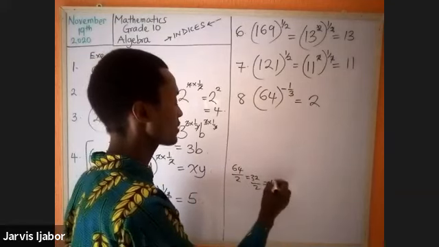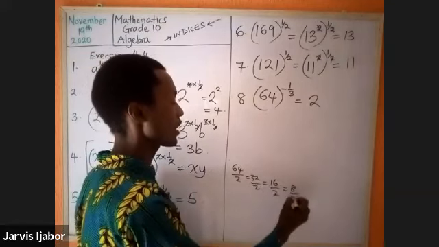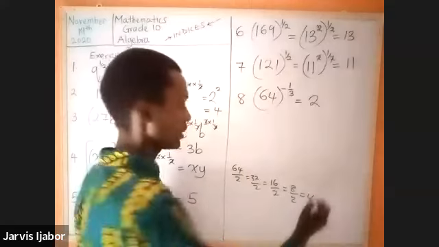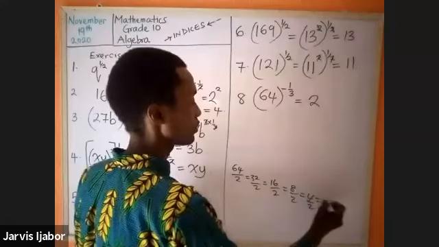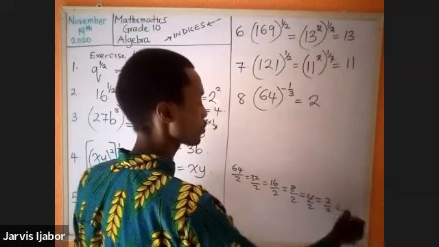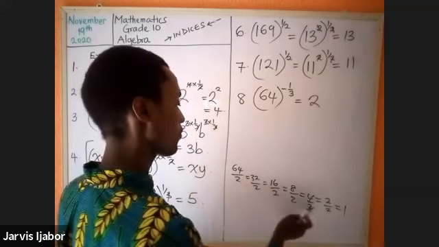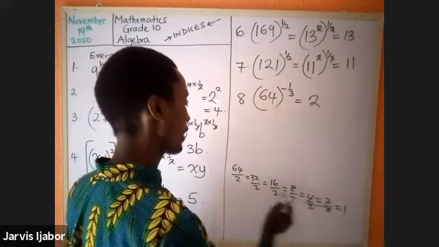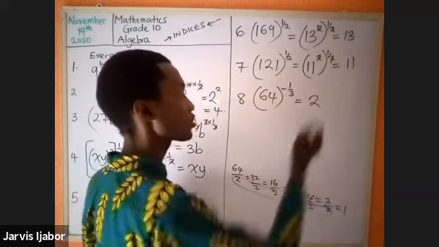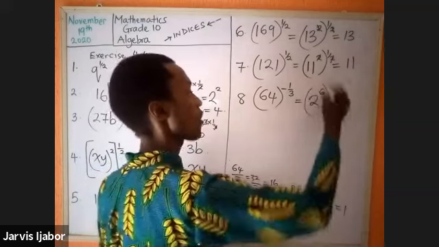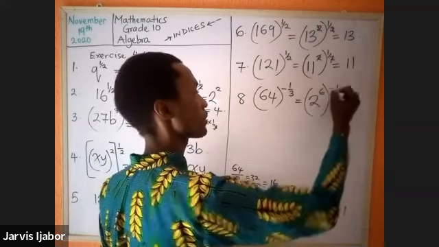Divided by 2, you get 16. Divided by 2, you get what? 8. Divided by 2, you get 4. Divided by 2, you get 2. Divided by 2, you get what? 1. So count how many 2s you have used. 1, 2, 3, 4, 5, 6. You discover that you have used 6 2s so far. So this will be 2 to the power of 6, all raised to the power of negative 1/3.